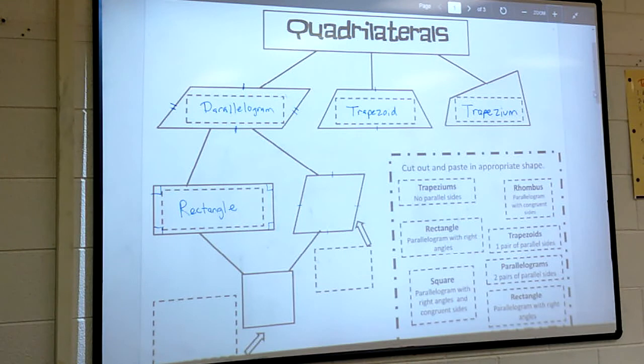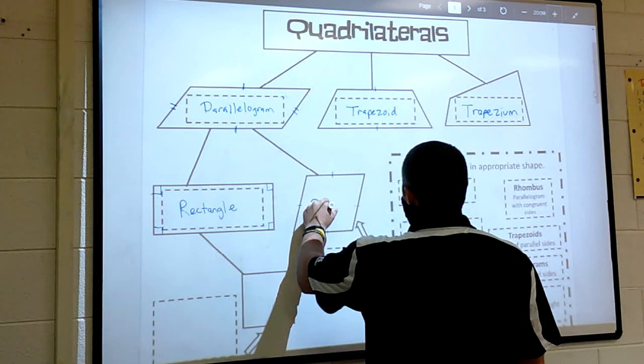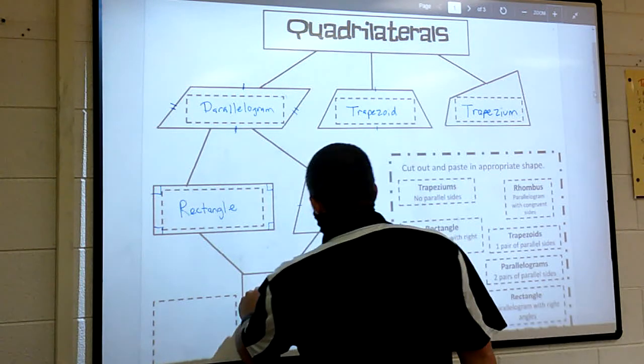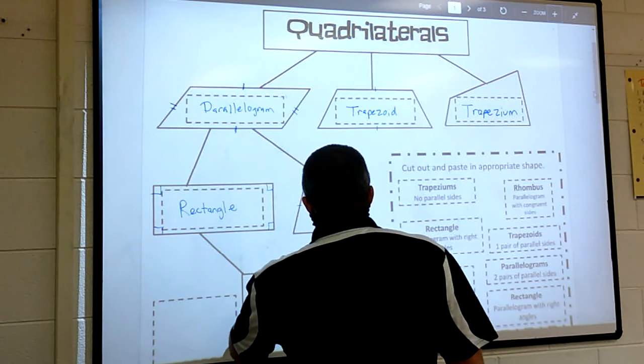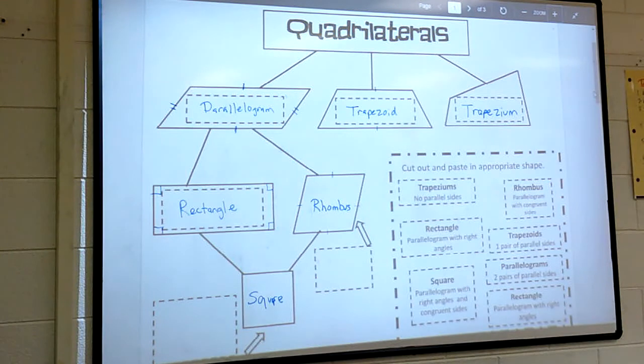So it does have, just like a square, all 4 sides the same, but it doesn't have 4 right angles, so its angles are a little bit different. So that gives you the rhombus. And then lastly, at the bottom, you have your square. Your square is a parallelogram that has all 4 right angles and congruent sides.